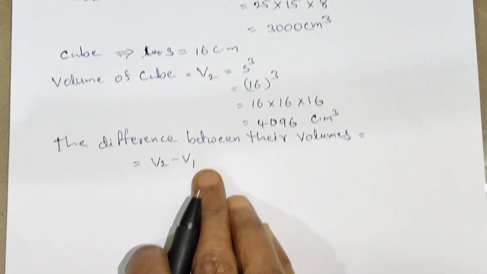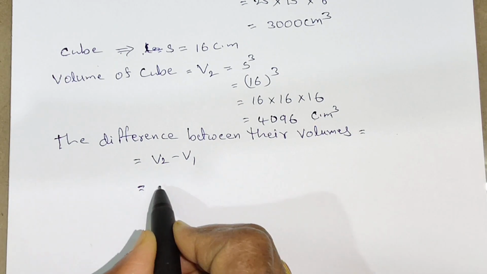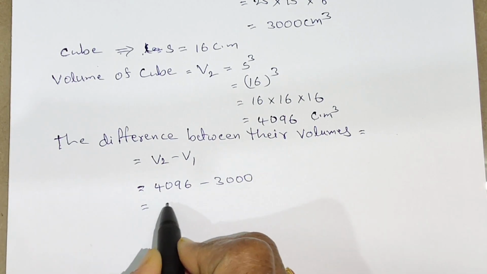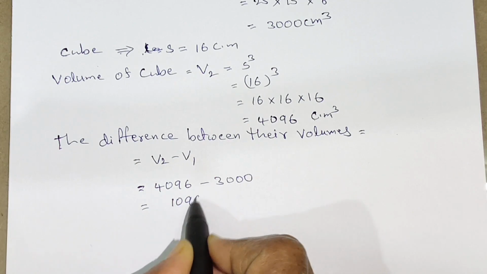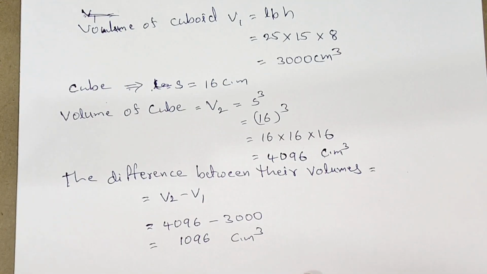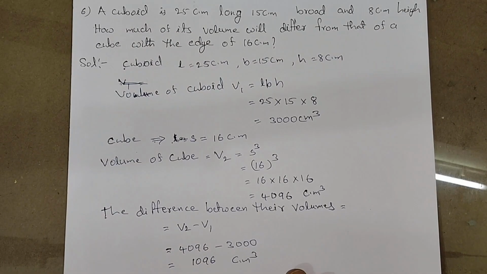So V2 minus V1 is 4096 minus 3000, which is 1096 centimeter cube. This is the difference, and this is the complete sixth solution.